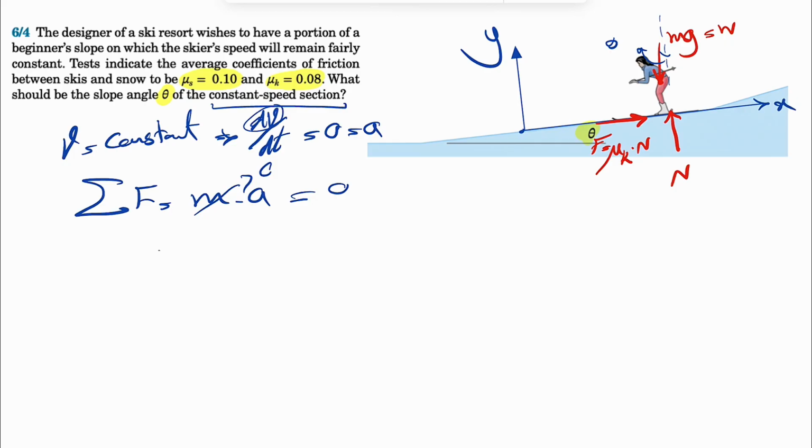So let's go with the sum of all forces in the x direction. Again, this is going to be equal to 0 because of the equilibrium condition, or the constant speed that the question is giving us.